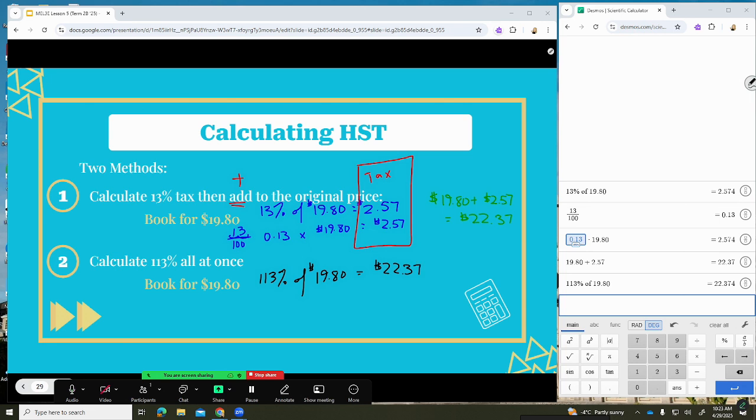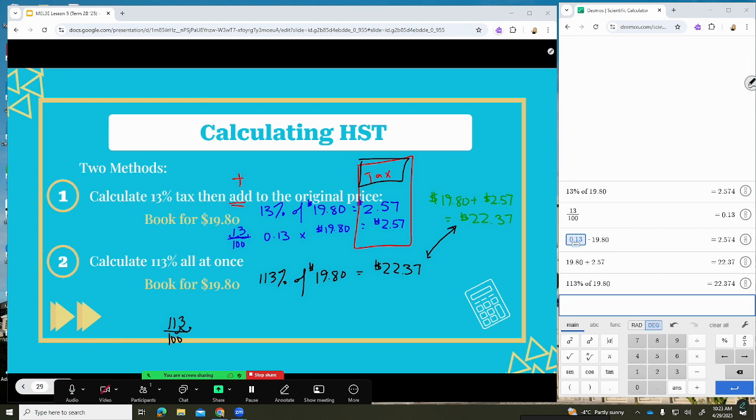That is exactly what we calculated in method one, but we didn't have to go through finding the tax first. If you don't like using that percent button, or your calculator is a little bit sticky, and your preference is to find the decimal, remember you can do 113 divided by 100.